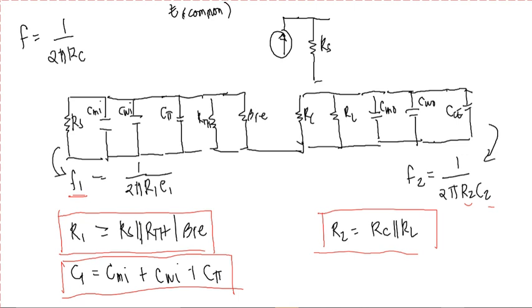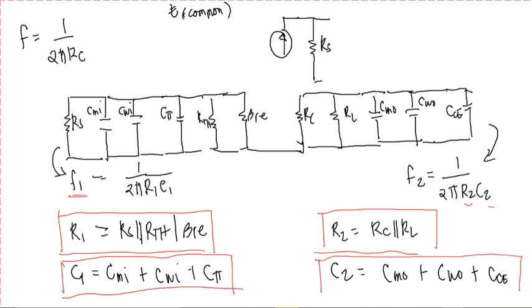Next, for your C2 or capacitance, same thing, we have CMO plus your CWO plus CCE. This will be the formula for your C2. Then substitute it here to get our F2.